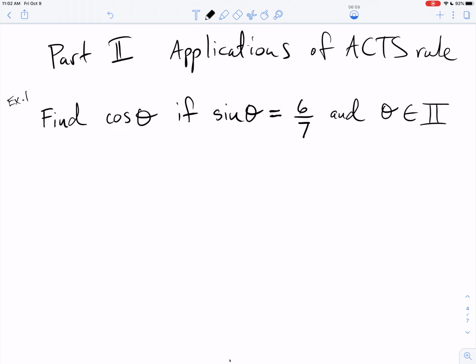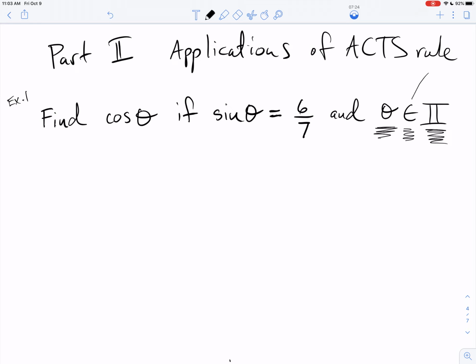My first example says find the cosine of some angle theta if, and now they're giving me some information. They're saying sine of theta equals 6/7, but they're also saying that theta is in quadrant 2. This means the angle theta is an element of quadrant 2.